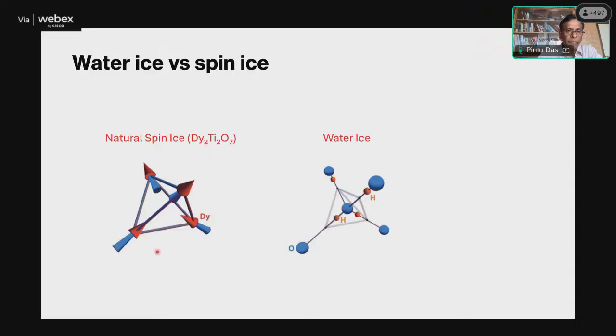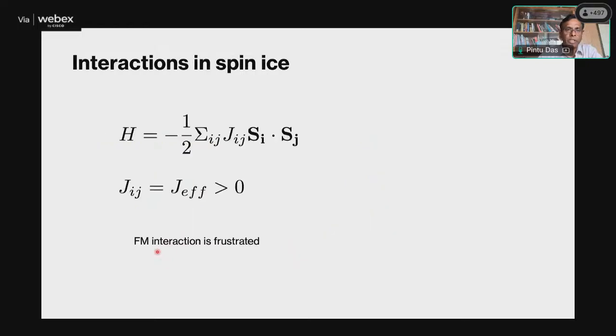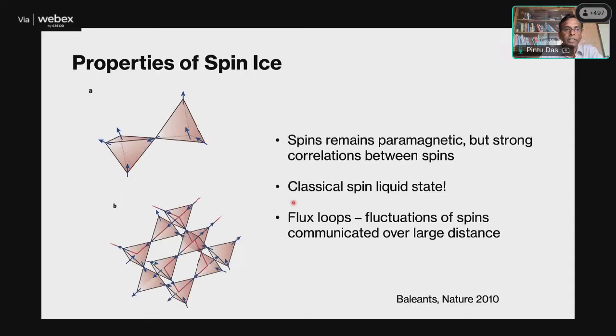So this shows very interesting effects. As I said, you can look at this using an effective exchange interaction, and the interaction gives you a ferromagnetic interaction which is frustrated in this case. So the spins remain paramagnetic, as you see, there is no proper long range ordering.